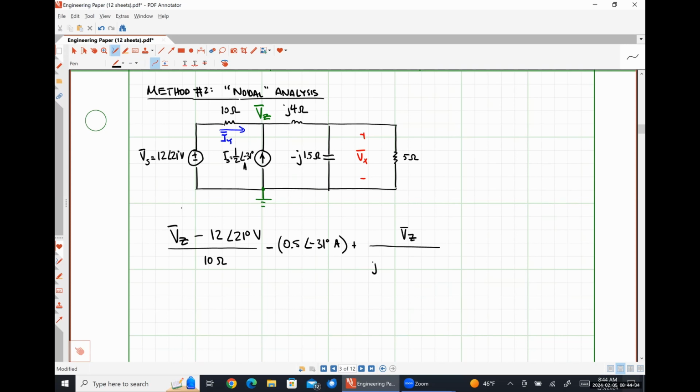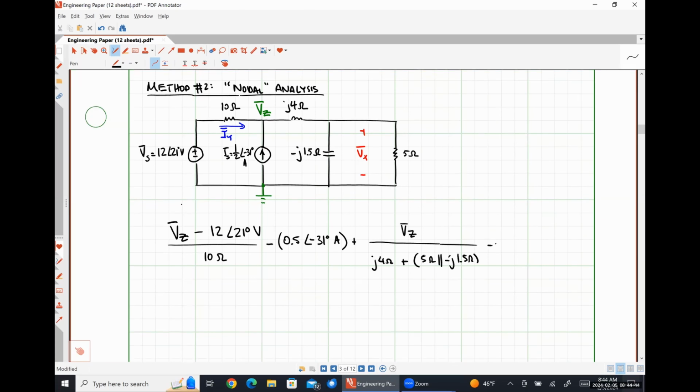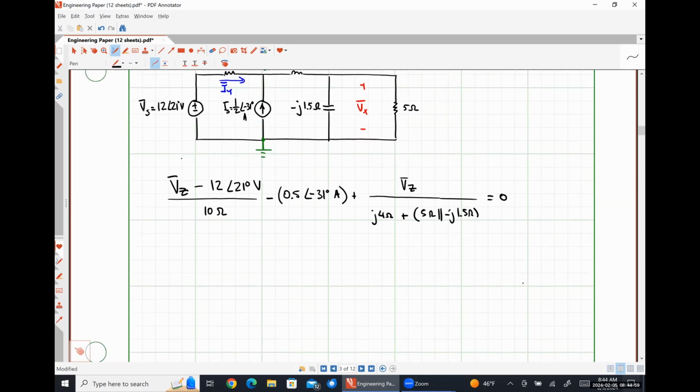So this is going to look like J4 plus 5 in parallel with minus J1.5, and set this equal to 0, right? So the only unknown voltage in this system, if I lump all those impedances together on the right-hand side, is the nodal voltage VZ.